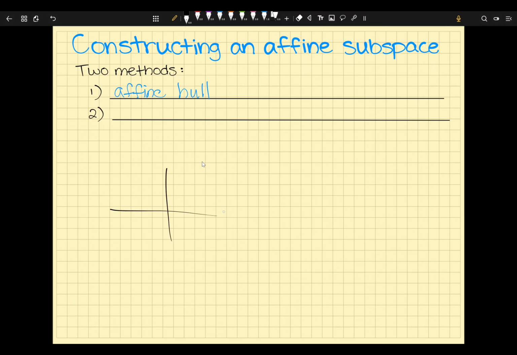On Monday we saw that if we have two points, their affine hull is going to be the line between them. In particular, this is the set of all linear combinations of x1 and x2 such that the weights sum to 1.